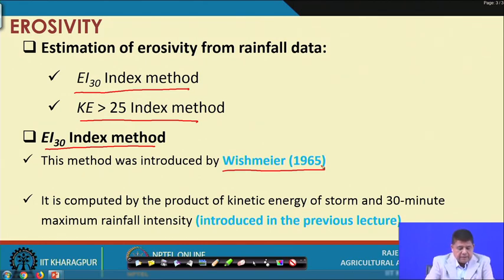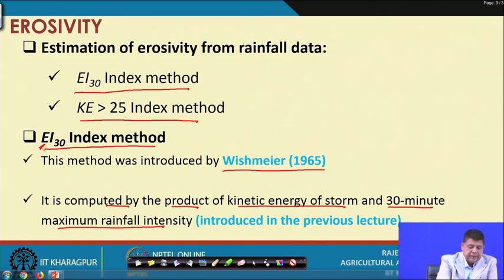As the name itself suggests, it is computed by the product of the kinetic energy of a storm and the 30-minute maximum rainfall intensity, that is, E represents the kinetic energy of the storm and I30 represents the 30-minute maximum rainfall intensity.